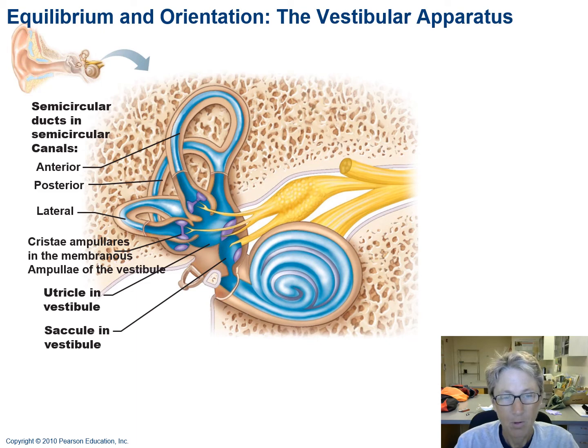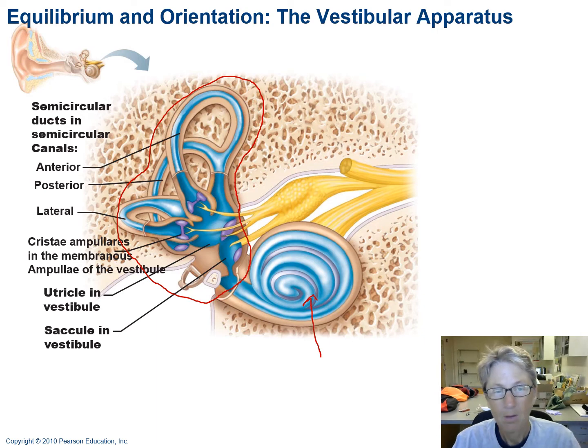This is the vestibular apparatus. This all works for equilibrium. This guy, the cochlea, that's what we did for hearing. So the vestibular apparatus here is for equilibrium and orientation of your body.